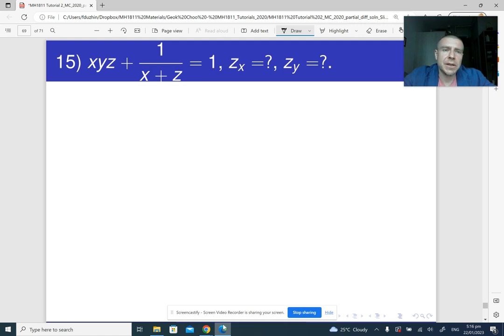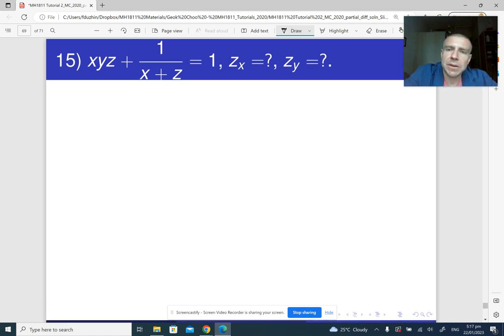And basically, the idea is that we have one equation and three variables, so we've got 2 degrees of freedom, which means that any two variables can be chosen as those 2 degrees of freedom. And since the objective of the question is to find partial derivatives of z with respect to x and y, it means that x and y are independent variables and z is the dependent variable.